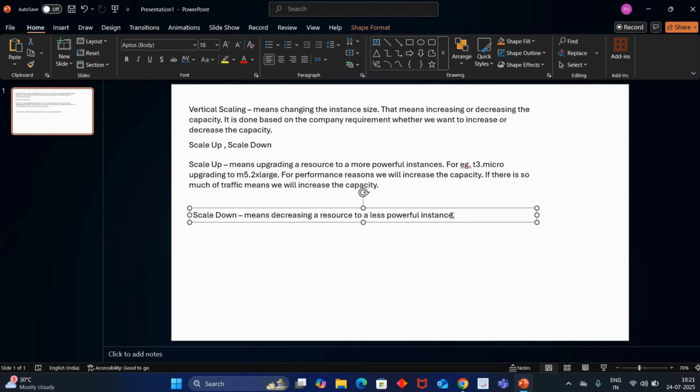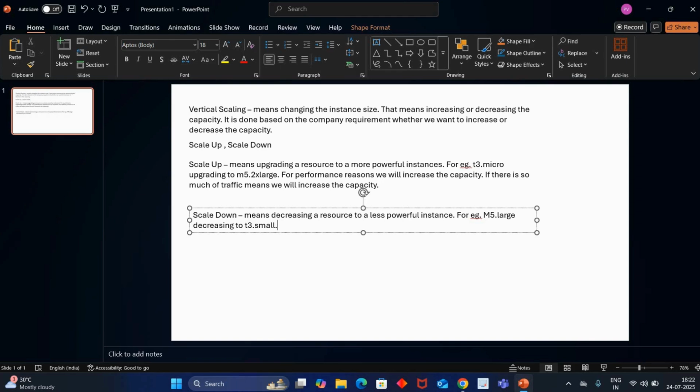For example, now we are using an m5.large instance. But we are decreasing to t3.small. Okay.